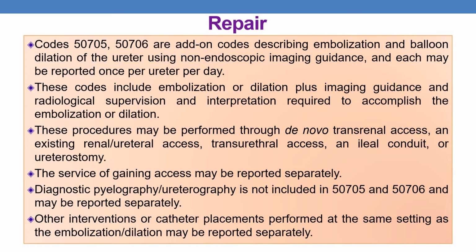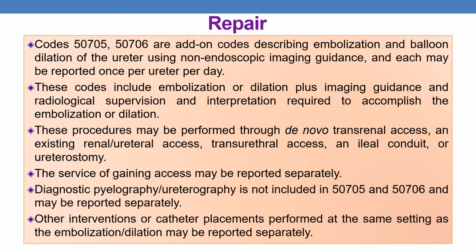And these codes include embolization or dilation plus imaging guidance and radiological supervision and interpretation required to accomplish the embolization or dilation. And they may be performed through de novo transrenal access or an existing renal or ureteral access or transurethral access or ileal conduit or ureterostomy.